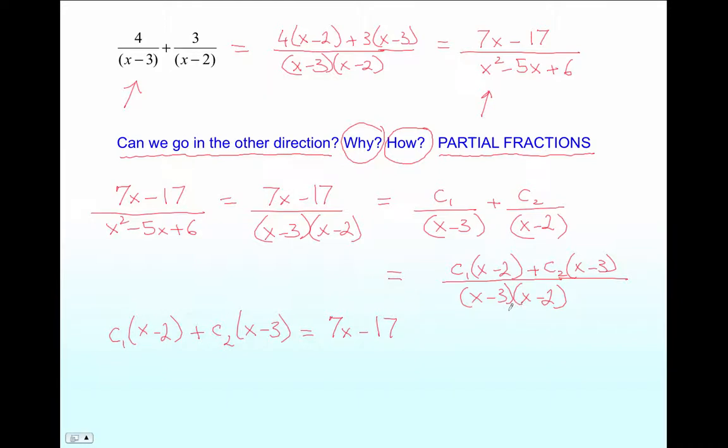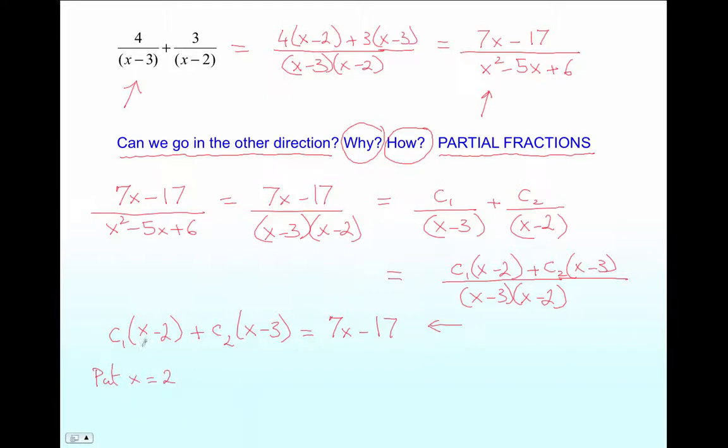So I have multiplied both sides of the equation above by x minus 3 into x minus 2, which is equivalently x squared minus 5x plus 6. And so we are now left with this equation over here, and from here we will find the values of c1 and c2.